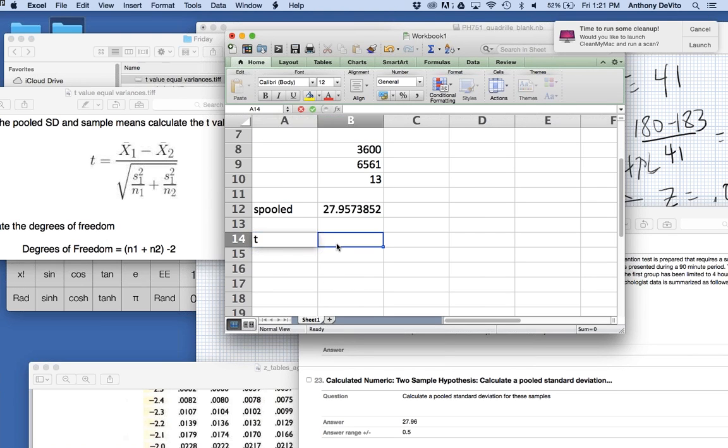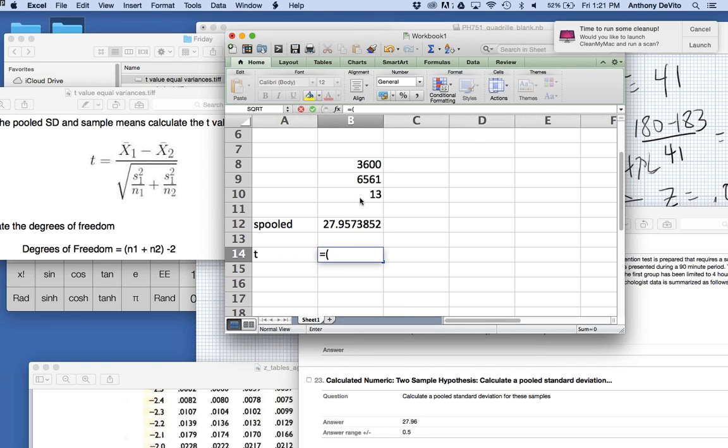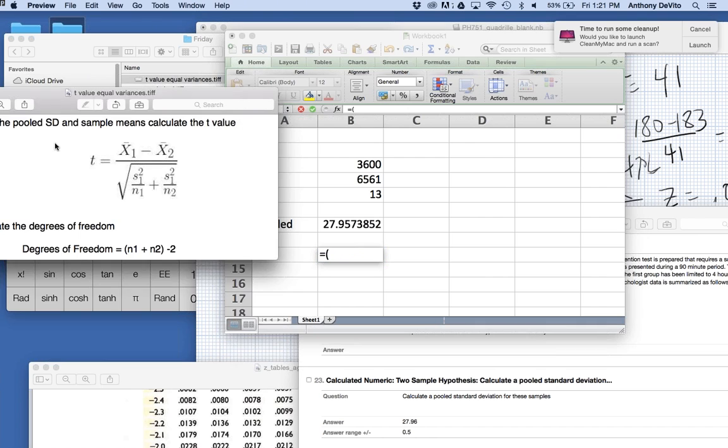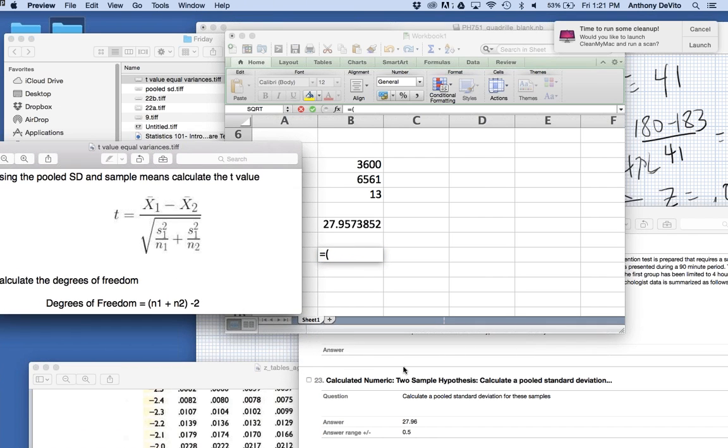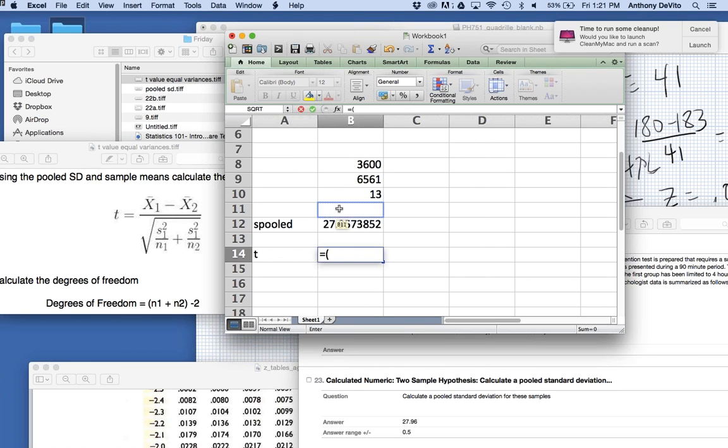T is going to be equal to, the top part of this is going to be the difference between the two means. What were the two means again? Let's see. Go back to the problem. We're 34 and 25. 34 minus 25 is going to be 9, right?